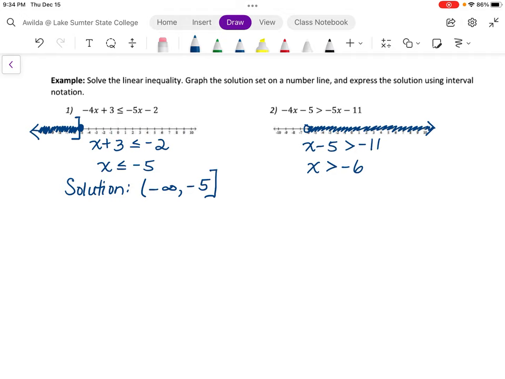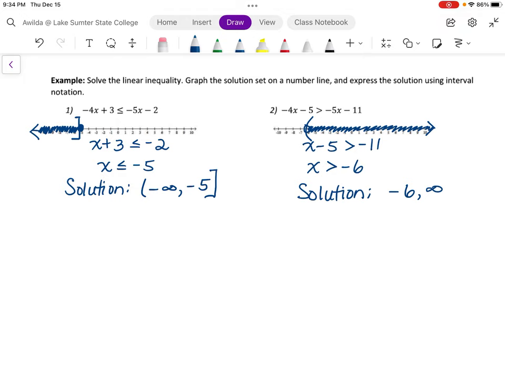Another way of designating -6 as a boundary that is not included in the solution set is to use an open parenthesis. It's equivalent to using the open circle. I prefer to use the open parenthesis because it translates very well into our interval notation for the solution. We can say that the solution includes all real numbers with a lower limit of -6, but with no upper limit, so we'll use positive infinity as our upper limit.